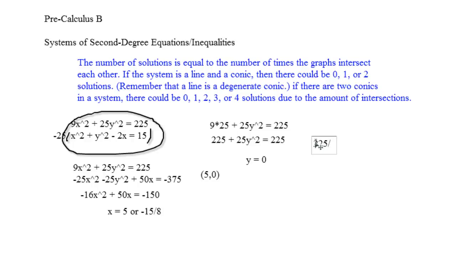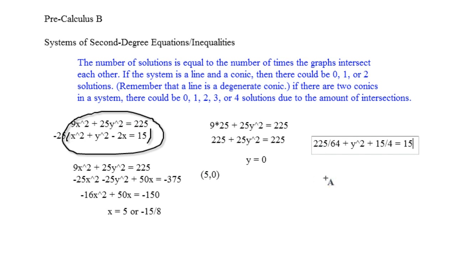So this is going to turn into 225 over 64, that's x squared, plus y squared plus 15/4 equals 15.